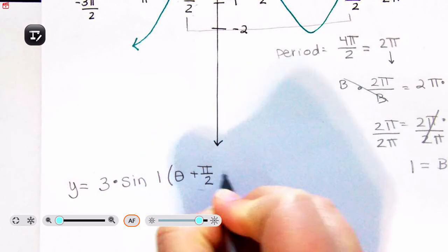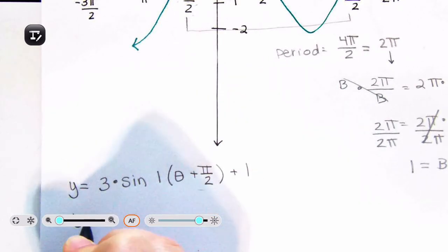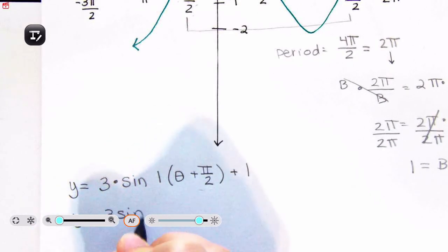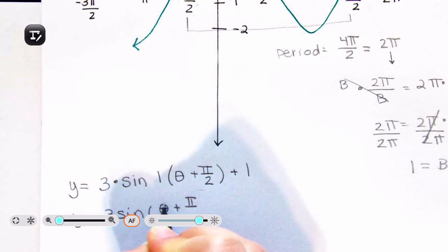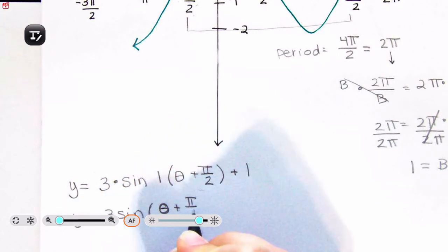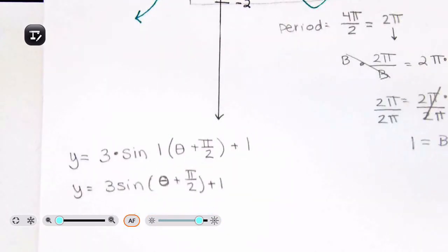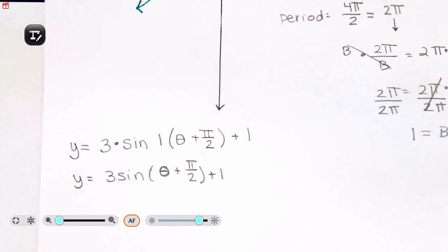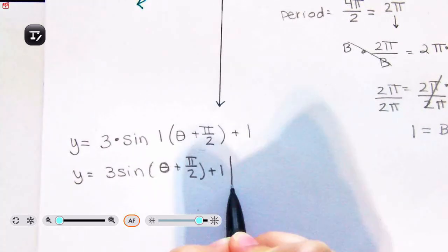Remember, this is always opposite. And then your k value is 1. So let's simplify this. I have 3 sine, excuse me, theta, not pi, 3 sine of theta plus pi halves, plus 1. And that is your equation for your sine wave.